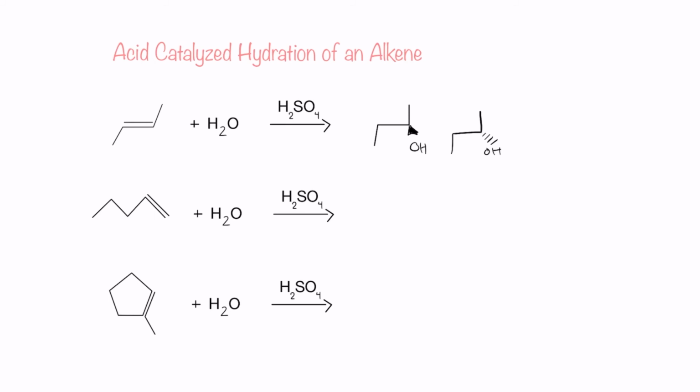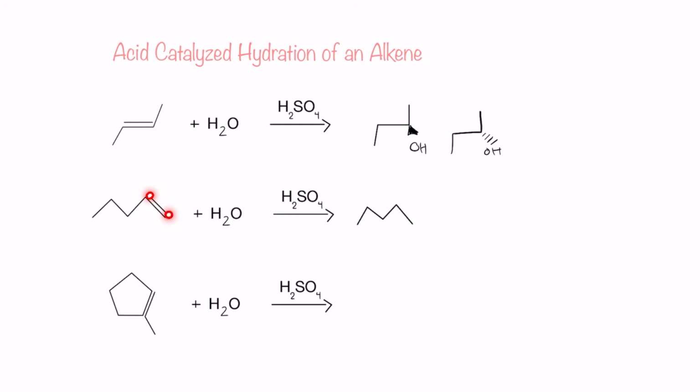So for example number 2, we know that when adding H2O and H2SO4, we're technically adding H3O plus to this alkene. And so what's going to happen is this double bond here is going to break. So we know that we're going to have an alkane as our answer. And so we're going to form the alcohol group either on this carbon or on this carbon.